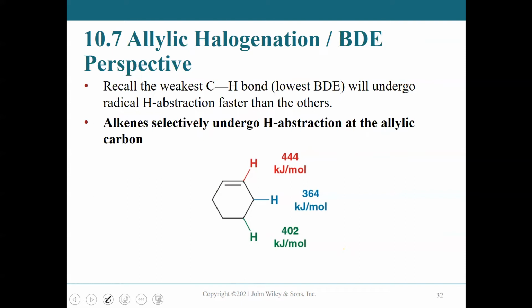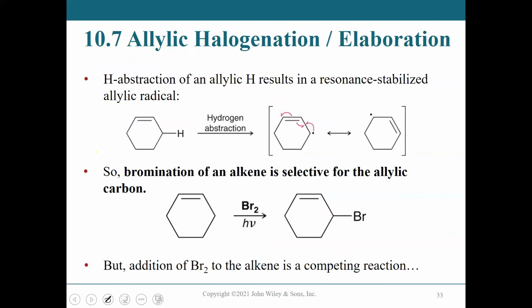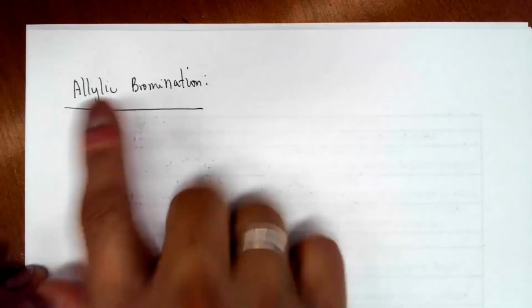So alkenes selectively undergo H abstraction at the allylic position. Again, I have to do the allylic halogenation, but as we know, the most selective is bromination, so I will do the allylic bromination.